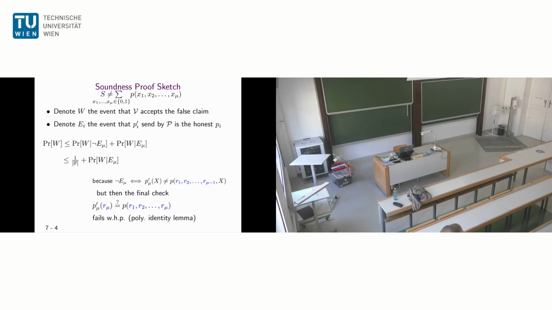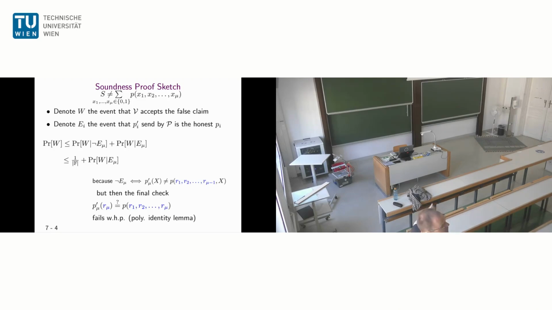So this is the polynomial he sends. It's not equal to that term. This is what he should be sending. Okay, but he sent something else. And now, in the final check, you remember the verifier sampled some randomness r_mu and did this comparison, did this check.